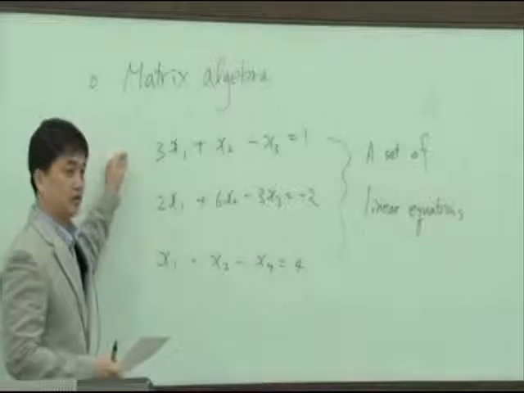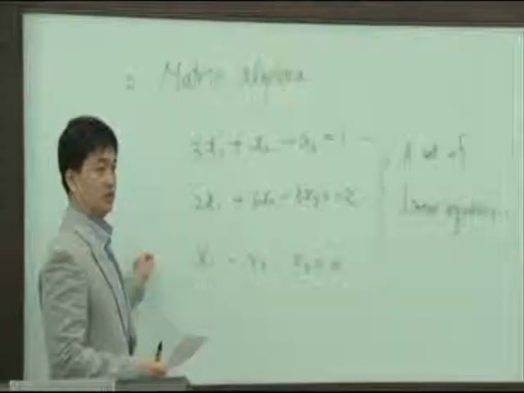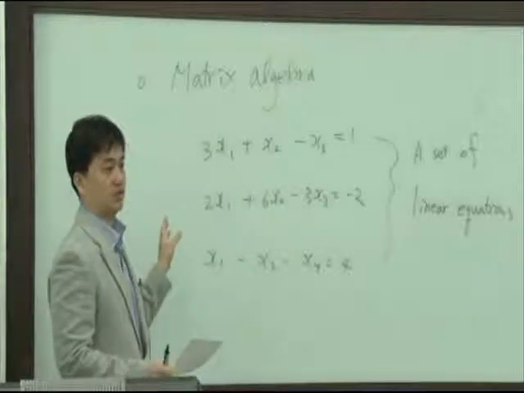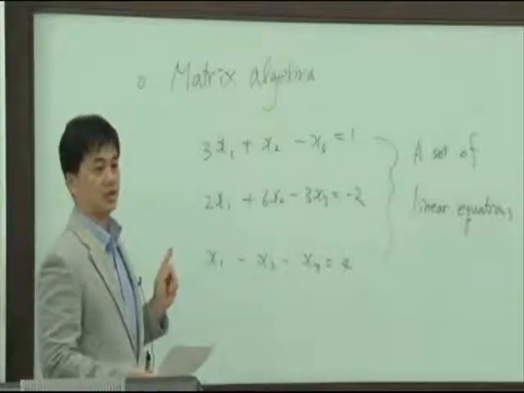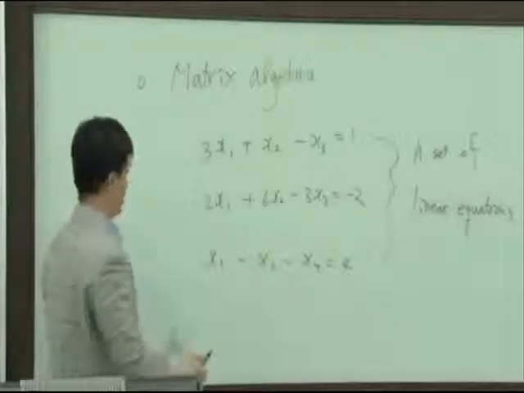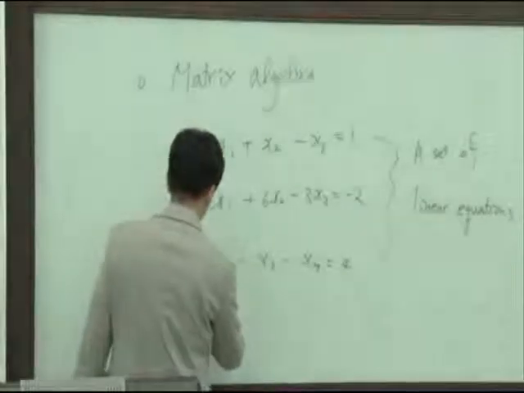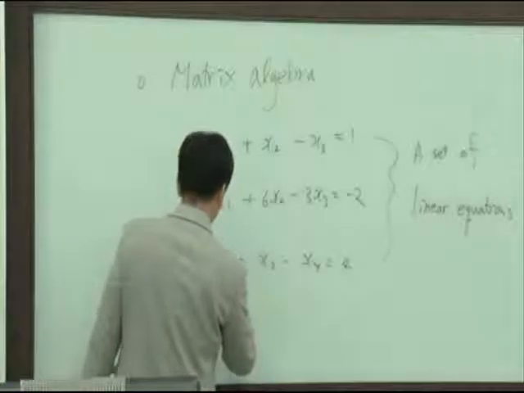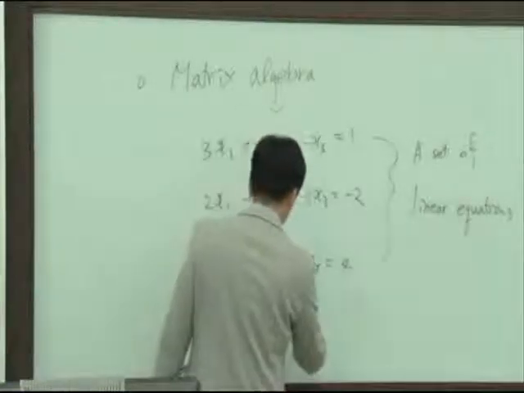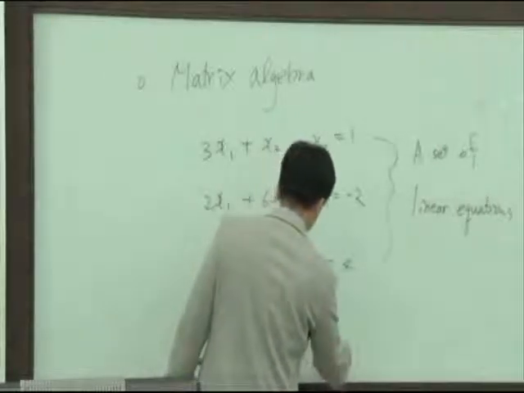First linear equation, second and third linear equation. All these three equations give us just one set of equations. So here, what are the unknowns? Unknowns x1, x2, x3.